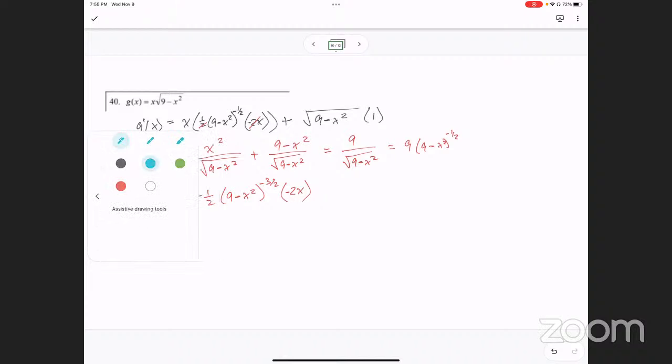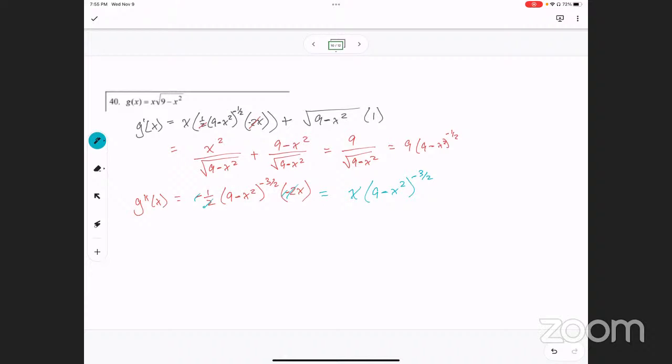So simplifying that, the 2 and the negatives cancel, and that just equals 9x times 9 minus x squared to the negative 3 halves. Am I missing something? No, that's it, because the x I put in front.